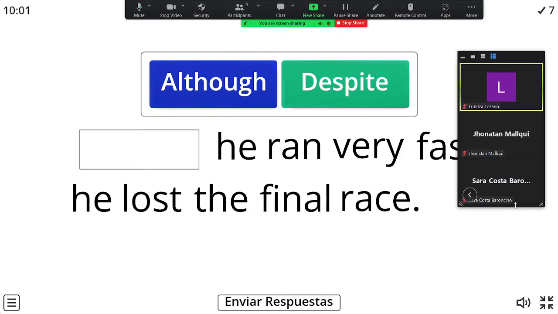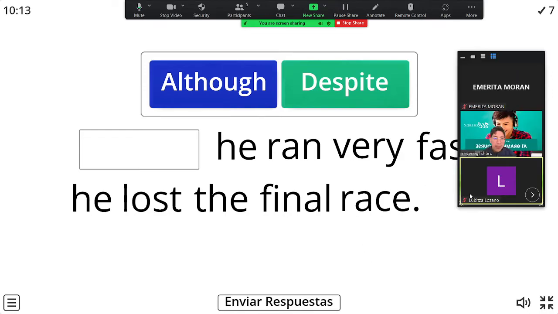Next one. Continuamos con Jonathan, you. Or Sarah, whatever. El que sepa la respuesta que le diga. ¿Cuál es la respuesta, Jonathan? Sí, ok. In spite, pero no tenemos in spite of, tenemos although y tenemos despite.